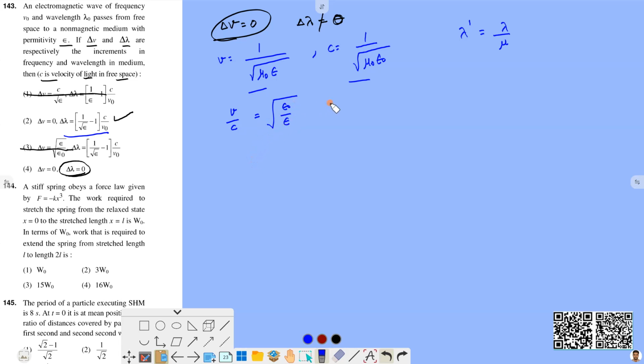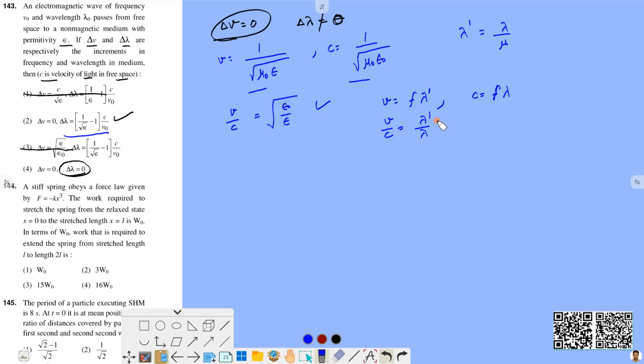Now between the wavelength, frequency and speed we have a relation that V will be equal to frequency, as frequency does not change, into lambda dash, and C will be equal to frequency into lambda. So if we divide both of these, V by C, then it will be equal to lambda dash by lambda.